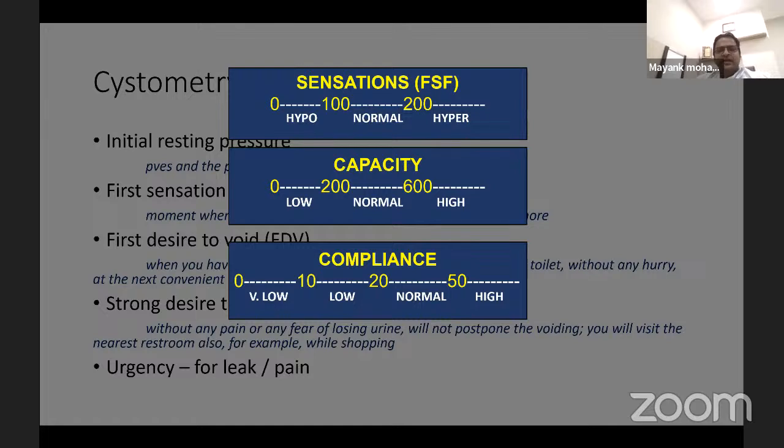But in general, if your compliance is less than 20, it should be a red flag for you. If the compliance is less than 10, it is a very high risk for upper tract damage. So you should be careful in low compliance situations. High compliance generally doesn't have much clinical implication.